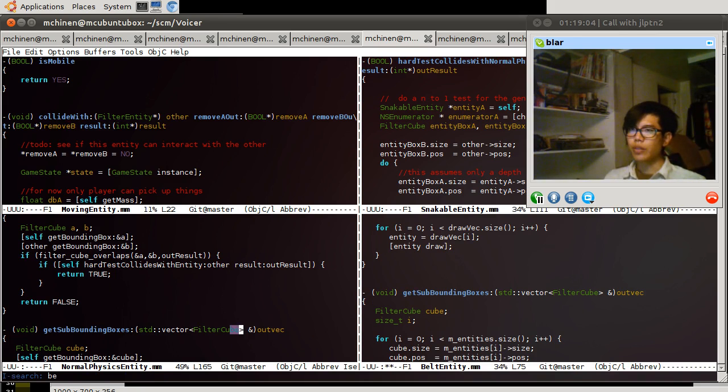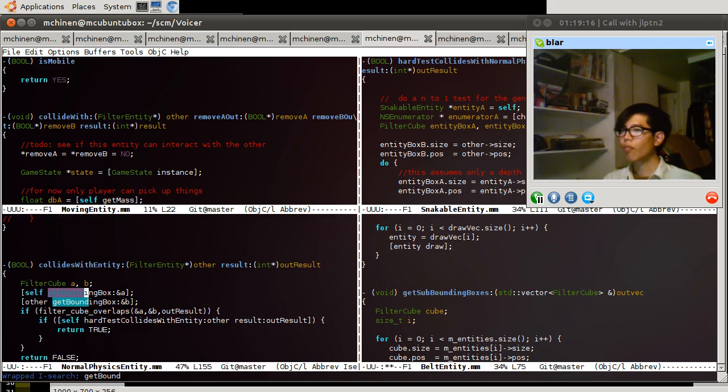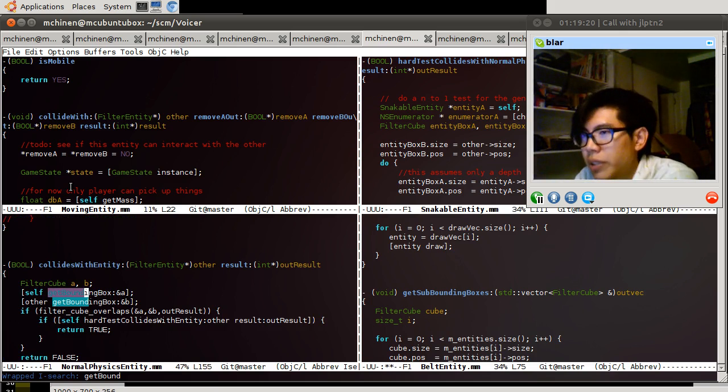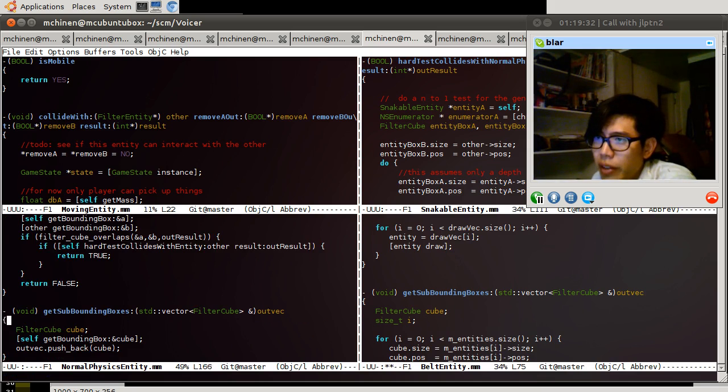So it uses this call. It just gets the size and position. And the size and position is just that big belt line. So this should collide, right? Yeah. And I think we mentioned before, we think it is in the hard test, collides with entity.